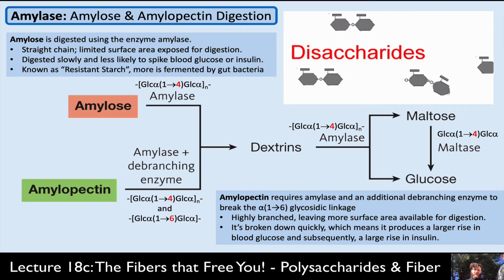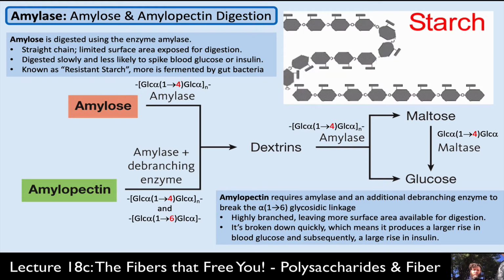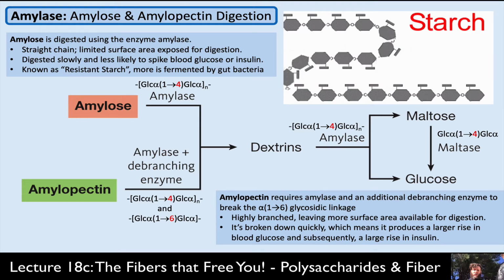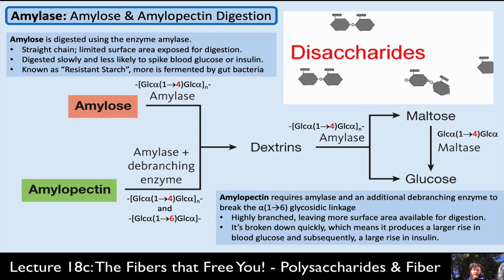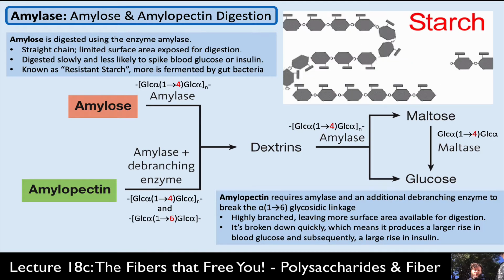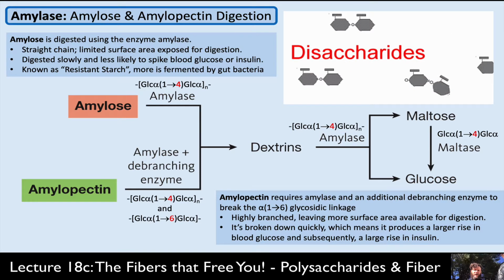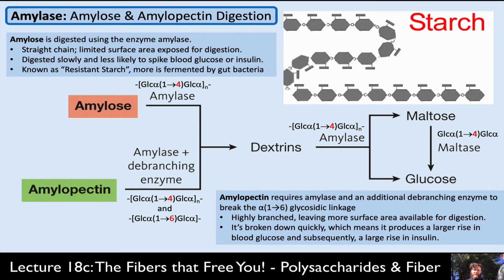Then the dextrins are going to get broken down further by amylase into maltose, and an enzyme called maltase cleaves the disaccharide into glucose. There's got to be a special debranching enzyme to break that alpha 1,6 linkage from amylopectin to get it down into dextrins.